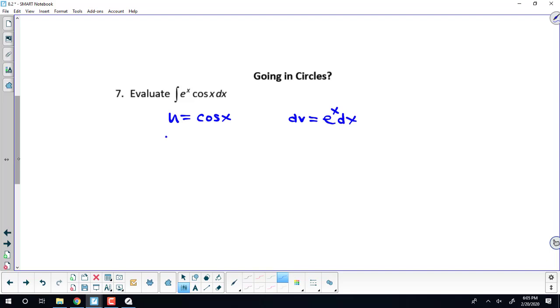Derivative of u with respect to x: minus sine x dx, and antiderivative of dv gives us v equals e to the x.